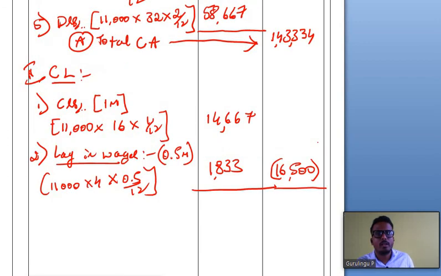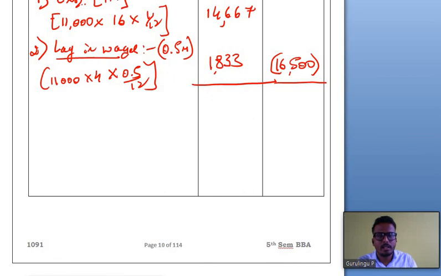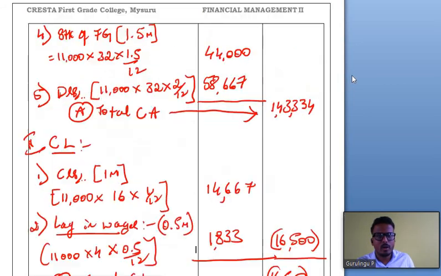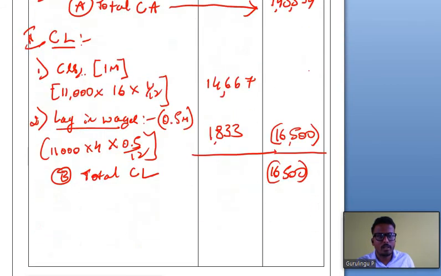You will get 1,26,834. This is called the working capital requirement. That is, from A, current assets, if you deduct current liabilities, that is B, you will get this net working capital requirement. It's a very simple solution.